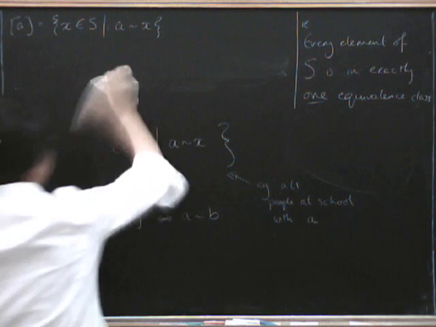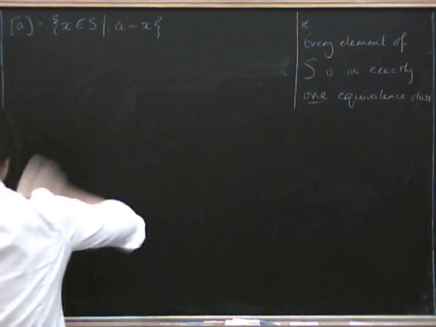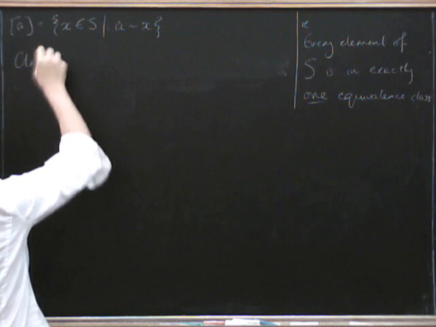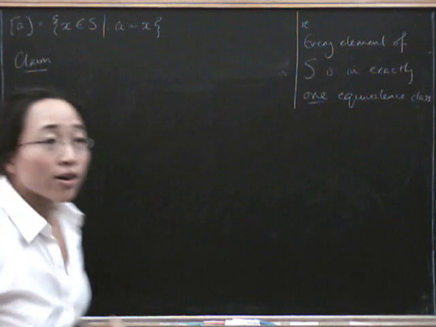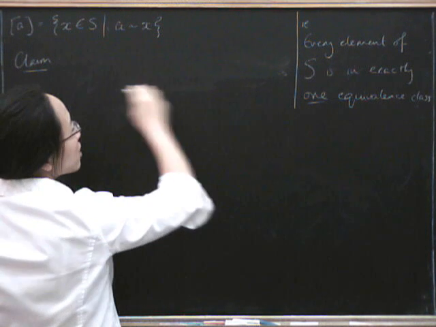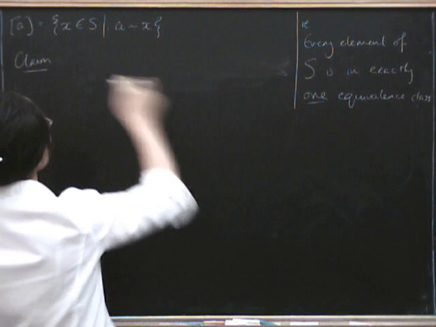So we're going to claim that, well, there are lots of different ways of saying this. We can claim that every element is in exactly one equivalence class.